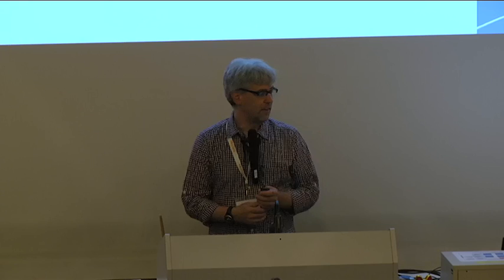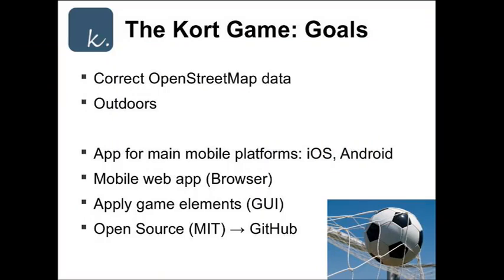The goal of the Kort game is to correct OpenStreetMap data, to go outdoors and collect data without realizing that it's something like OpenStreetMap. It's just a game, it's just leisure time, and it has to be simple for that. So it needed to run on the main mobile platforms like iPhones and Android phones.